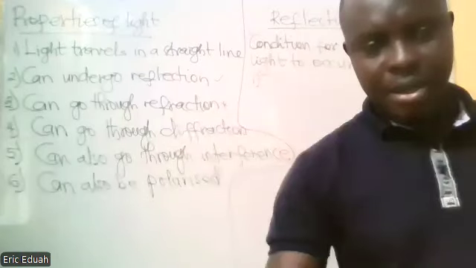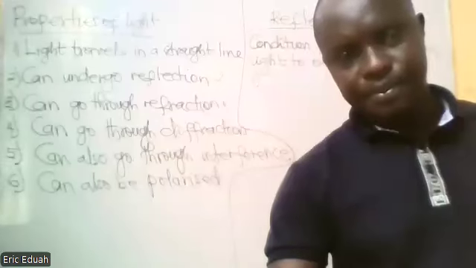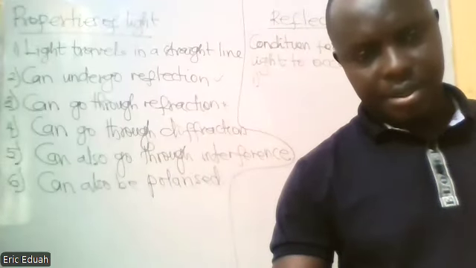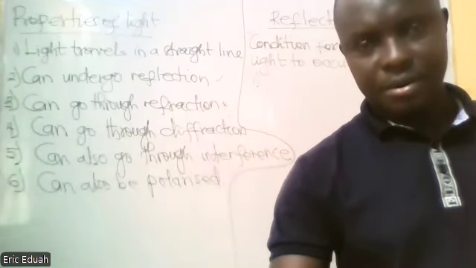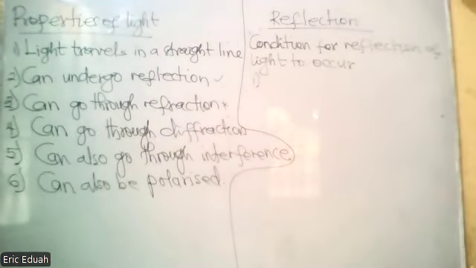Julian, let me hear from you. Sir, we need a smooth surface. How would you state that so well? In order for reflection to occur, light has to bounce off a smooth surface.